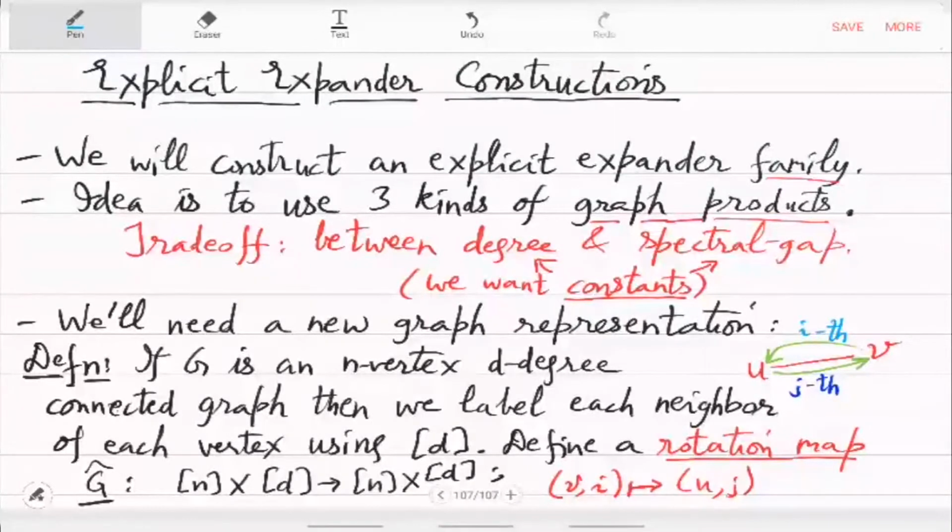Moreover, the jth neighbor of u is v. So this is the natural information associated with an edge.